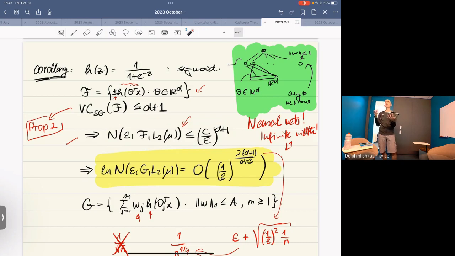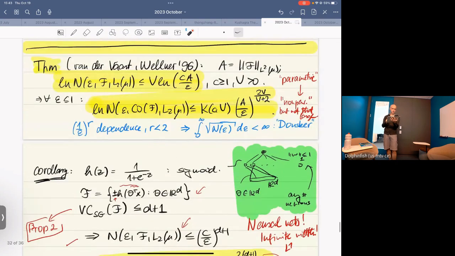Those classes are called parametric classes. So if you have such a parametric class and you take the convex hull of that, the question is, how much can you blow up the covering number?